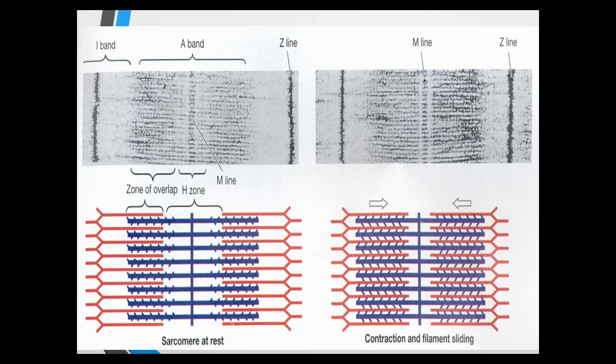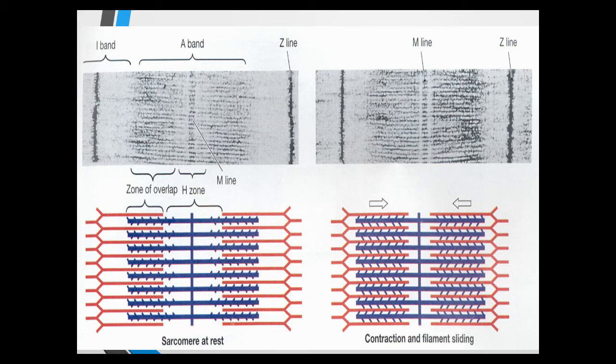Now, the neurons are going to release acetylcholine, which is a neurotransmitter, which is going to cause the sarcoplasmic reticulum to release calcium. This is going to cause the tropomyosin troponin complex to change shape and move, allowing the myosin head to bind. Okay? And the energy from the ATP allows for that ratchet-like movement.